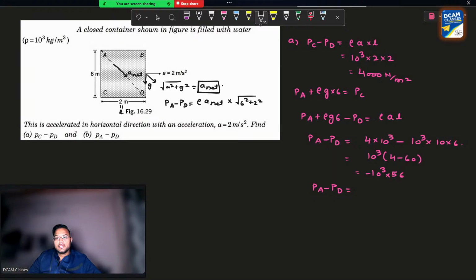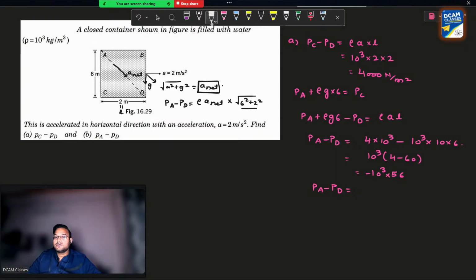Got it? This is actually the short trick that sometimes they may be using in your VMC or somewhere. But there are circumstances, you have to understand it properly. The net acceleration has to be along AD. Then only you can apply this. Otherwise not.